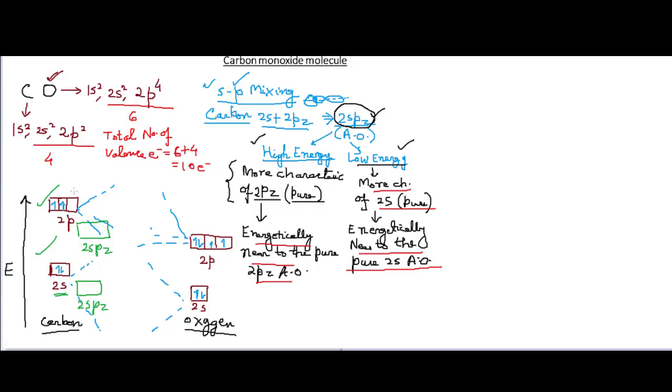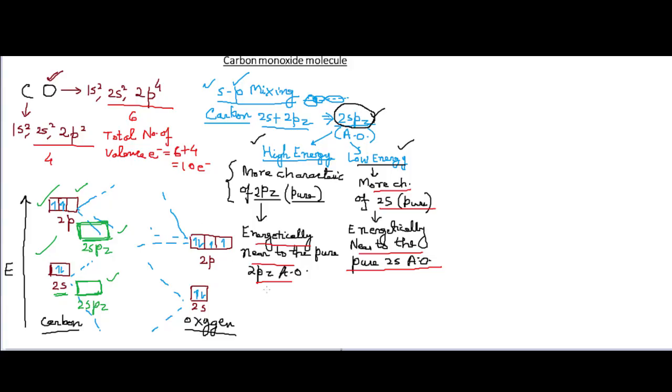And then as usual we have the 2p orbitals. I hope you understood this. The new hybridized orbitals will be 2spz orbitals. One is located near to the 2s, another is located near to the 2p. So carbon gives us the hybridized 2spz orbitals, which are two in number, like this.